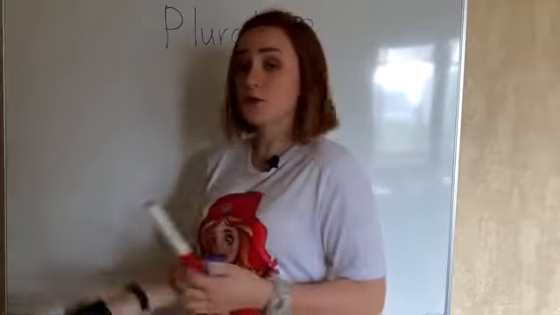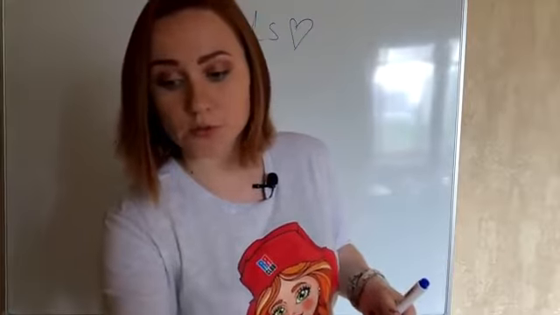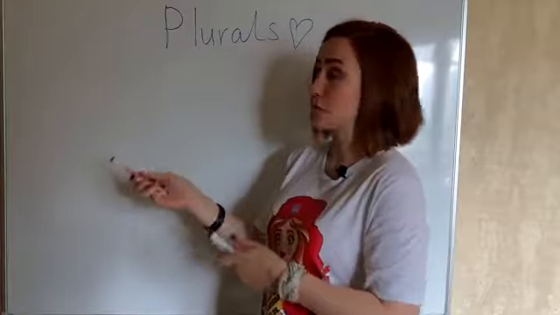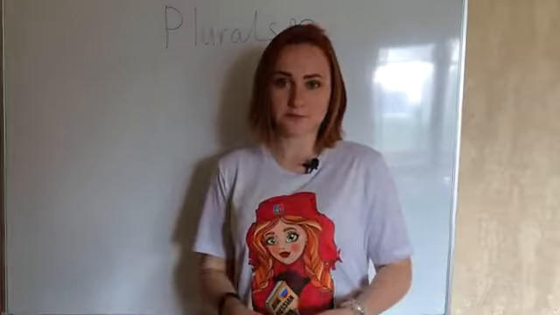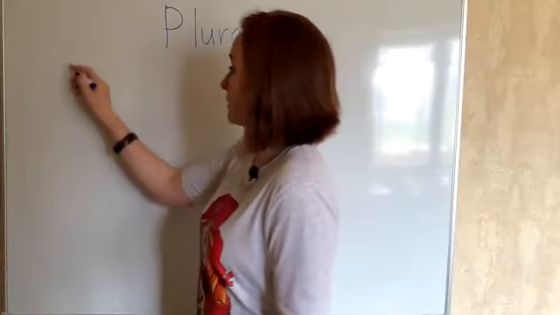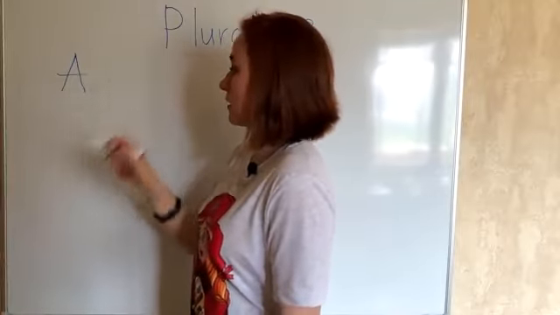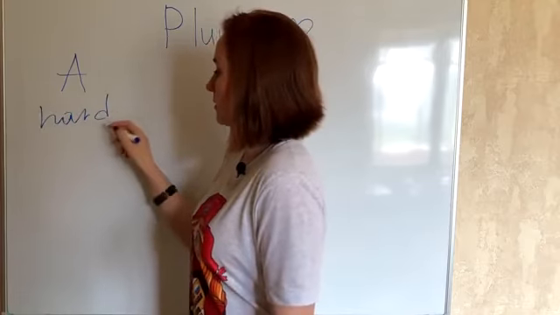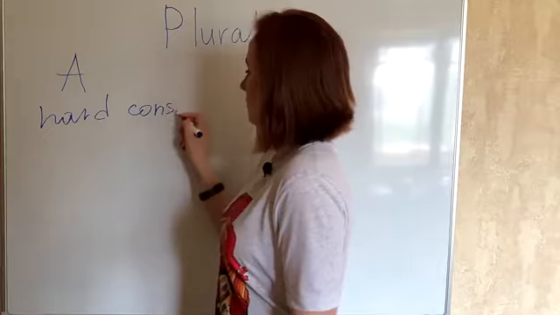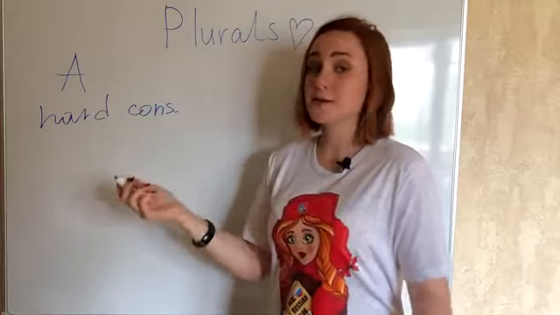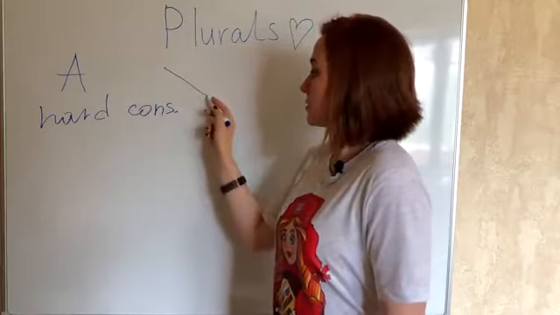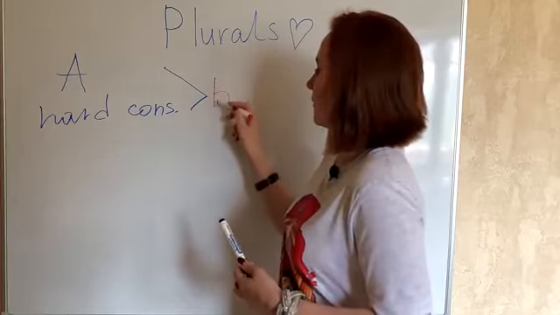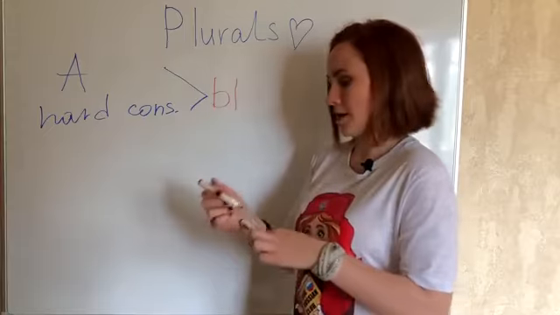Right now, I want you to draw a little table with me, and here I'm going to explain how exactly to change those endings. Let's begin. So first, if you see a word ending in A or a hard consonant, if you see any of these in the end, you change it to Ы, my favorite letter, Ы.